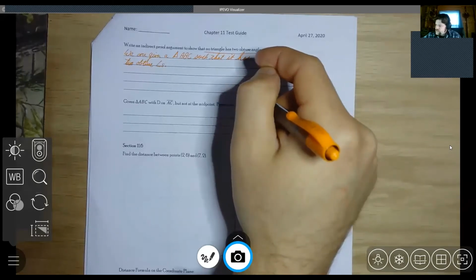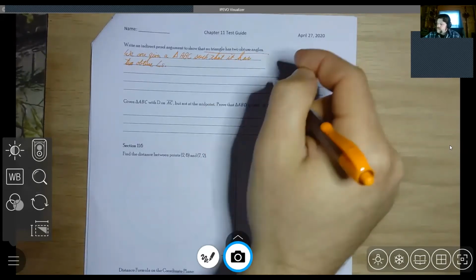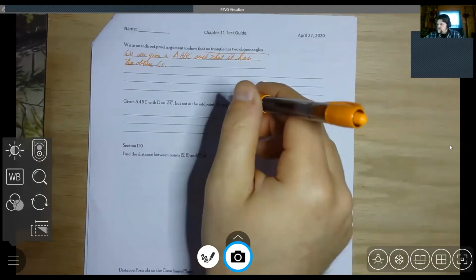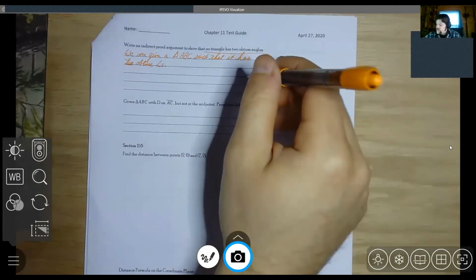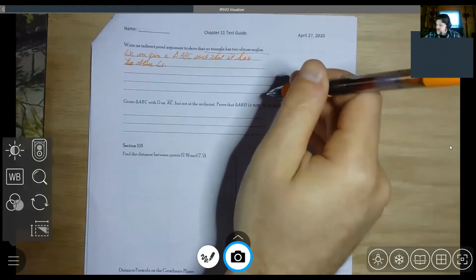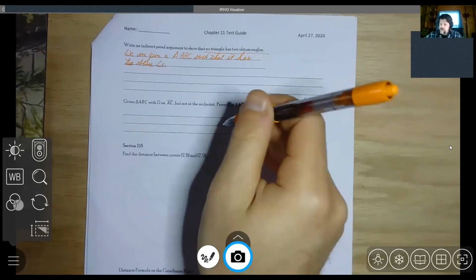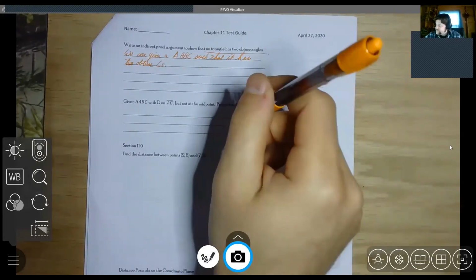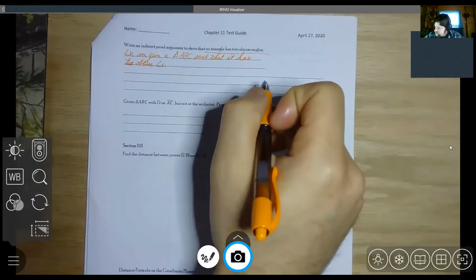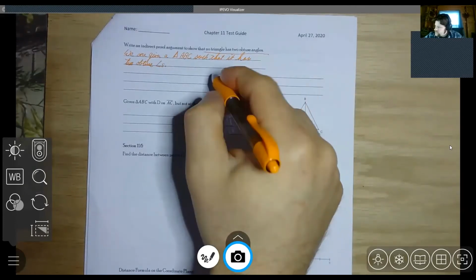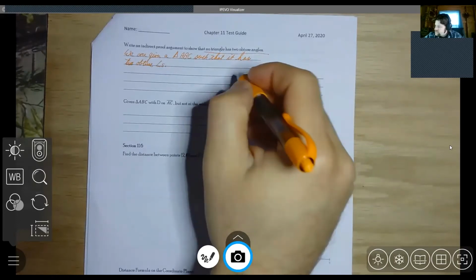Instead of trying to show using postulates and theorems directly that no triangle has two obtuse angles, we're going to assume there exists a triangle that has two obtuse angles and then show from a contradiction why that can't exist. So we are given a triangle ABC such that it has two obtuse angles.